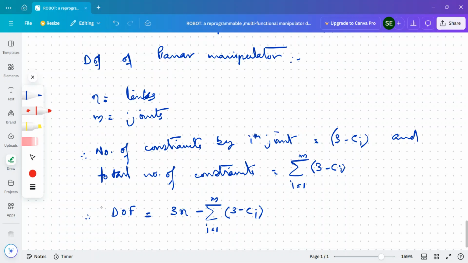So this is the other formula of degrees of freedom, for a planar manipulator.